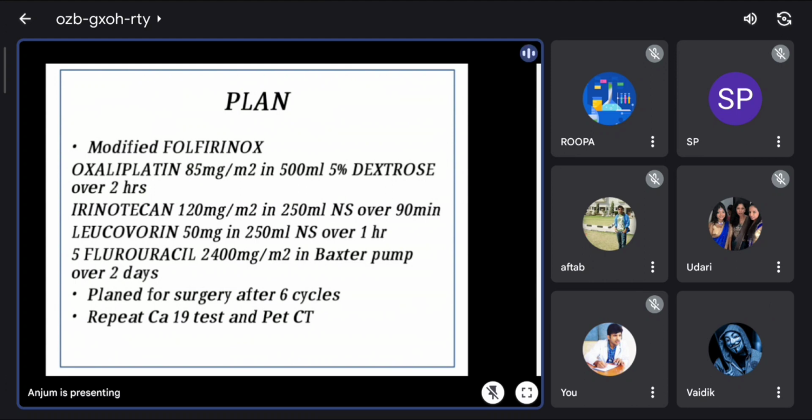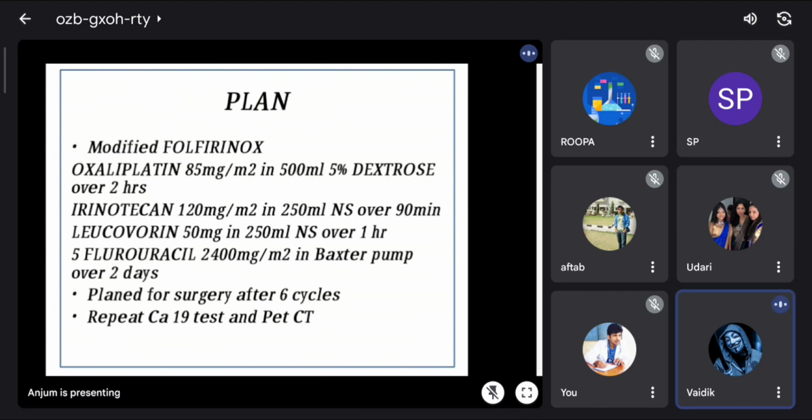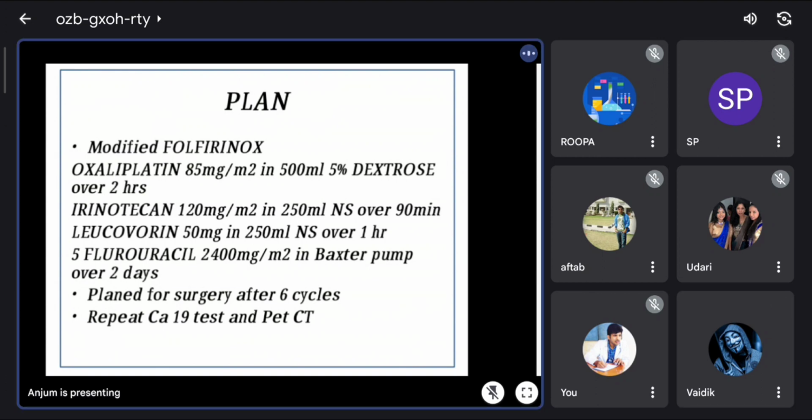From 240 ml, I have put 70 ml of the drug, and the remaining is 170 ml. So 170 ml NS I have put in the Baxter pump. The overall volume was 240 ml. In 240 ml, 170 ml was the NS, and the remaining 70 ml was the drug, which was 3500 mg of 5-FU.